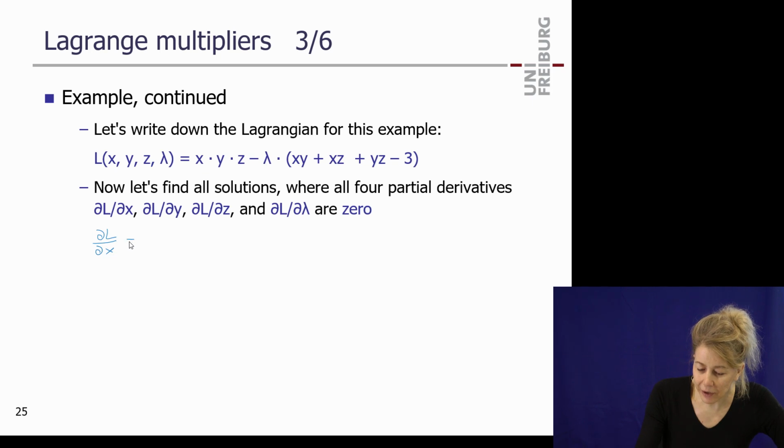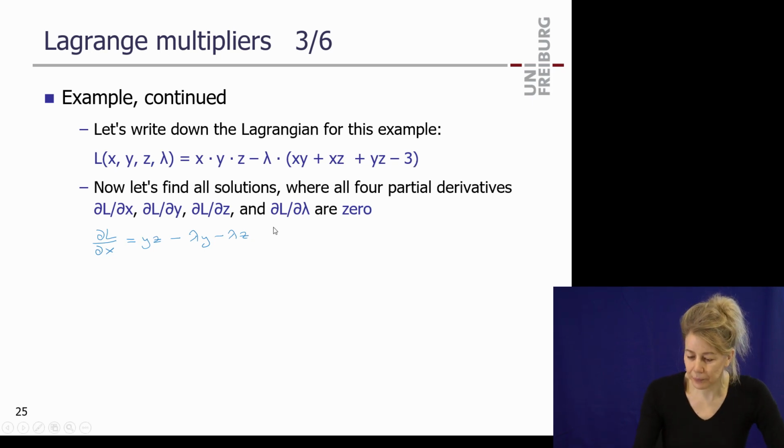So it's like, this is yz, minus, and now I derive by x, so here I get lambda y, then I get minus lambda xz, I derive by x, it's lambda z, and if I derive yz by x, it's like a constant, it disappears.